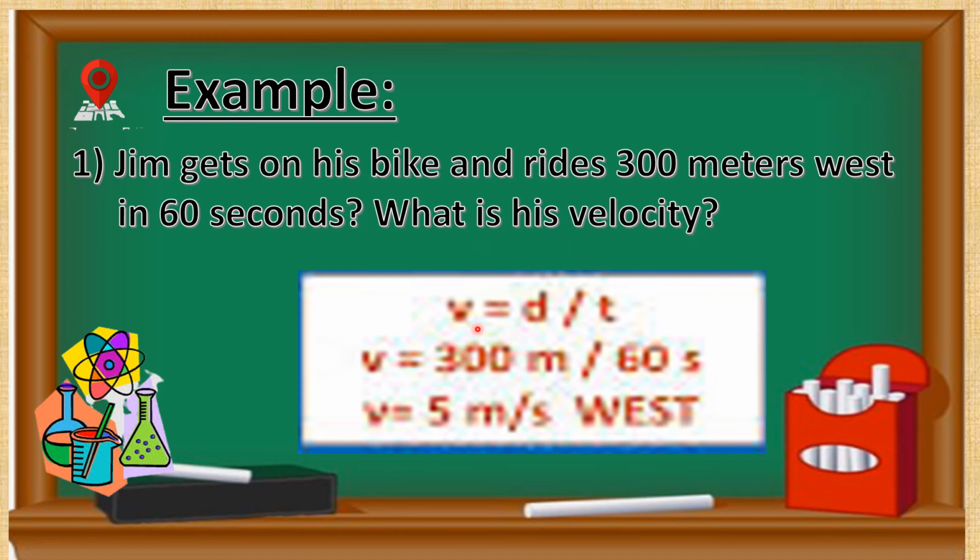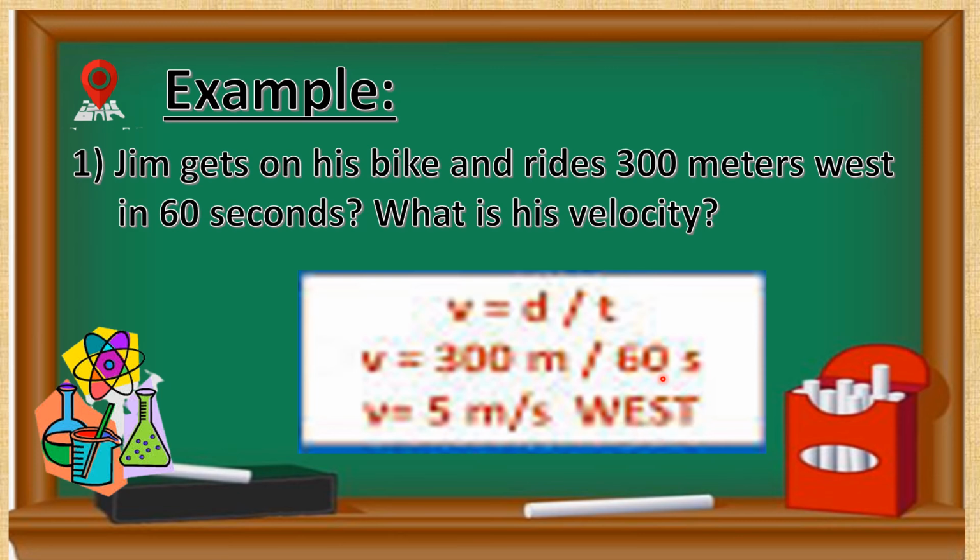So V, with the line on the top, is equal to displacement over time. So V equals 300 meters, the displacement, divided by 60 seconds, which is the time T. So 300 meters divided by 60 seconds is 5 meters per second.